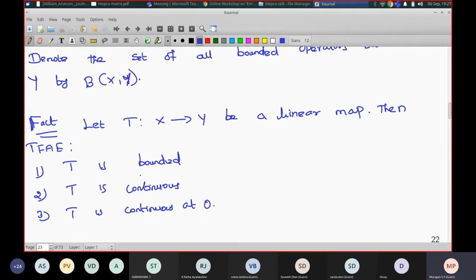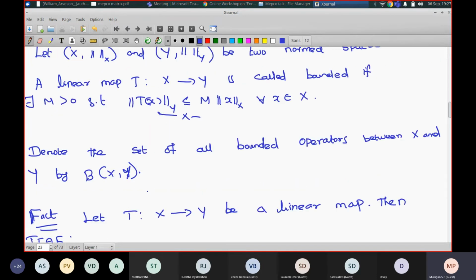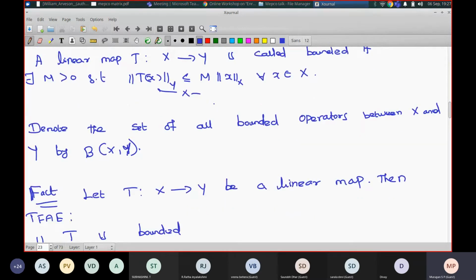If T is continuous at 0, then T is automatically continuous at every point. And bounded is equivalent to continuous, because this condition is like a Lipschitz condition, as in real analysis.